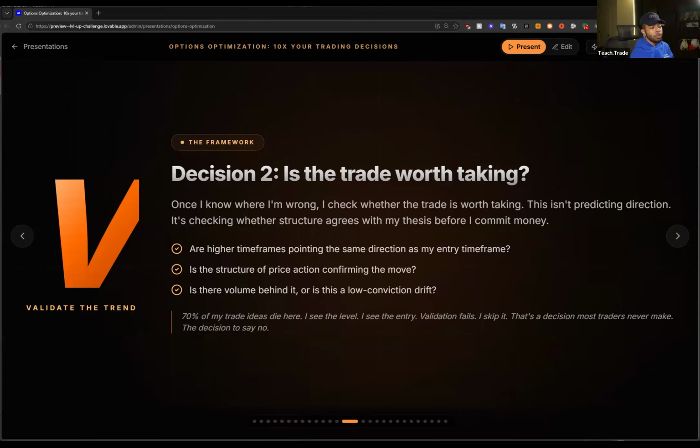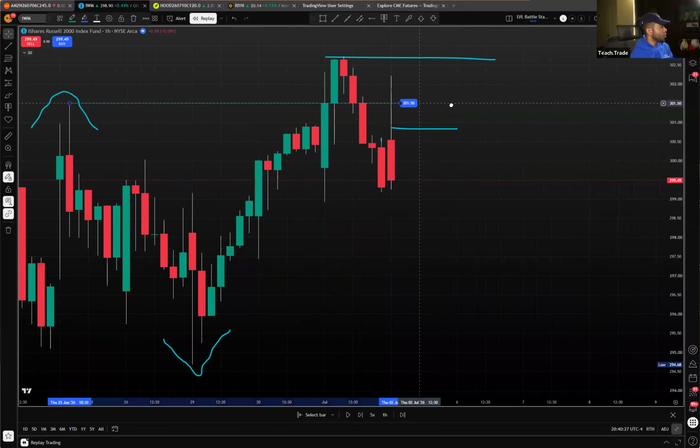And so the three things that I'm looking at are: are higher time frames pointing in the same direction as my entry time frame? Is the structure of price action confirming that move? And is there volume behind it? So if I come back over here to these charts, and by the way, if you have TradingView open, I asked some of you to bring TradingView with you.